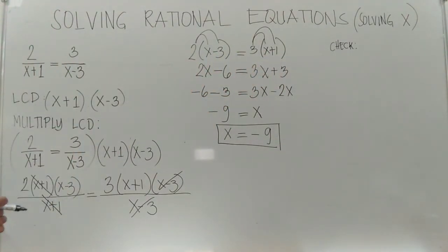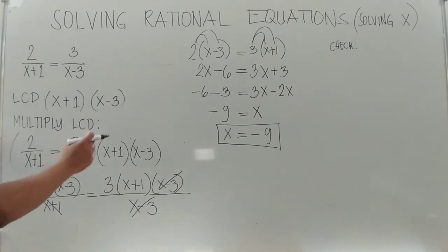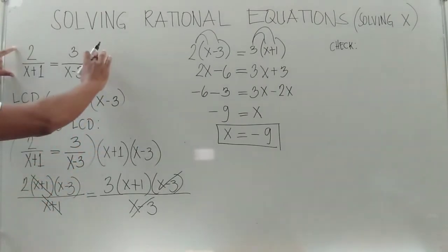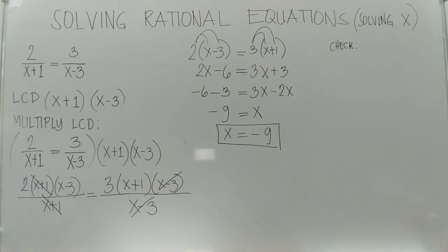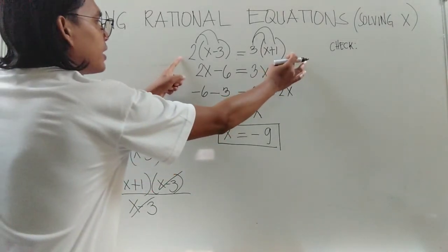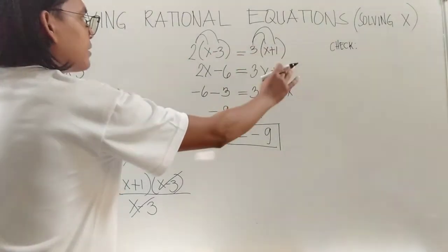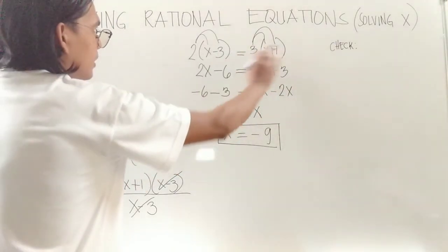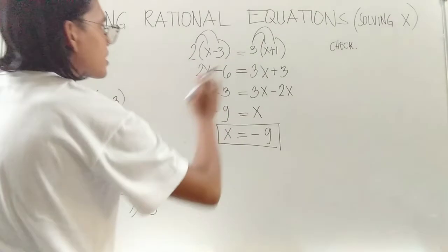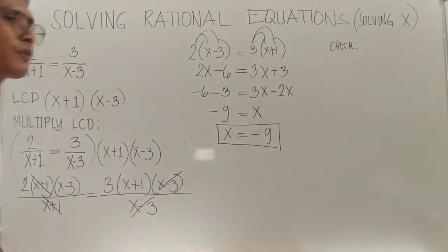So again, the reason why we first identify, then multiply the LCD to your original rational equation is for us to eliminate the denominator. And we come up with this form. So the denominator was eliminated, and you can see your equation becomes more simplified and easy to solve.